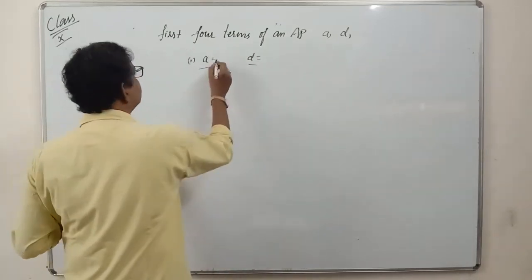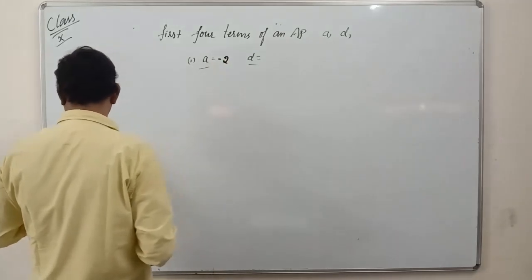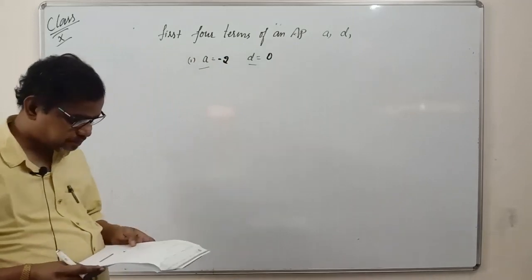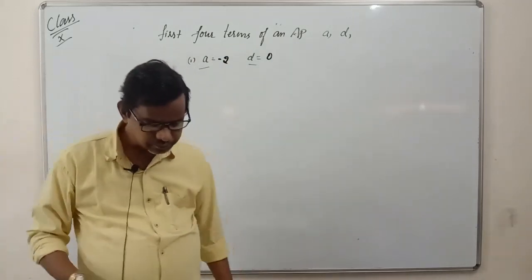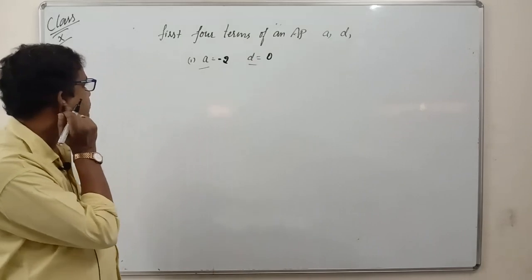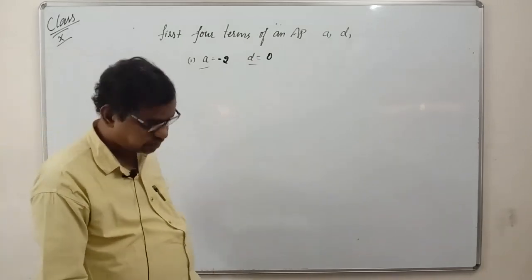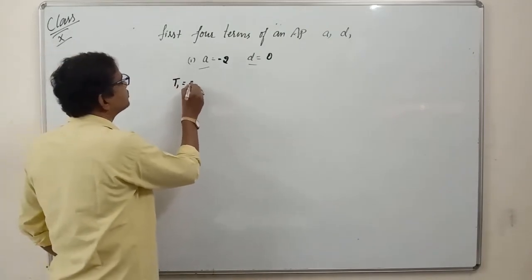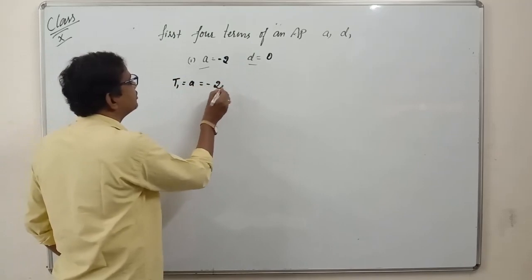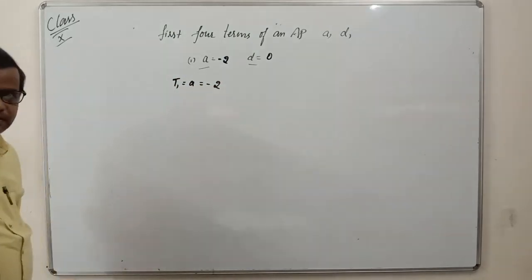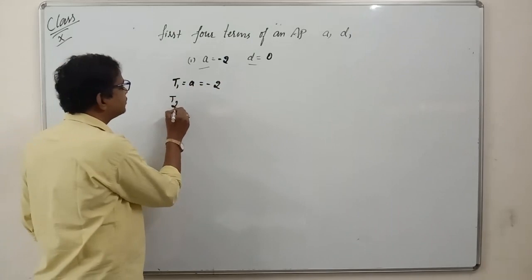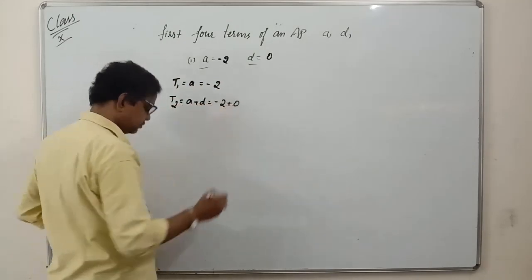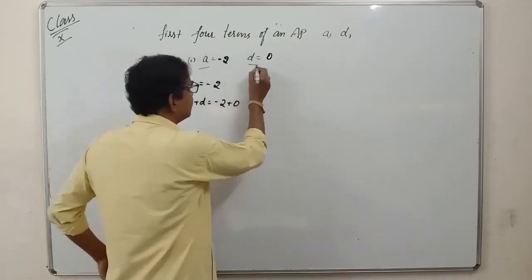A equals minus 2, D equals 0. Same procedure you can follow. The question is for the first 4 terms only, no? Okay. So T1 equals A equals minus 2, because A is the first term here, and T2 equals A plus D, that is minus 2 plus 0, because the value of D is 0.